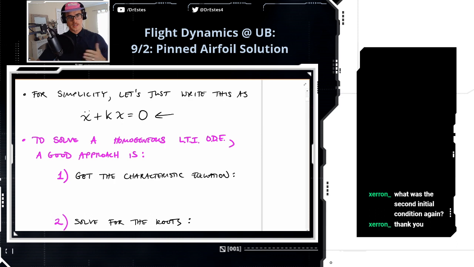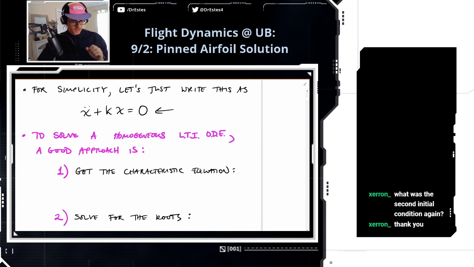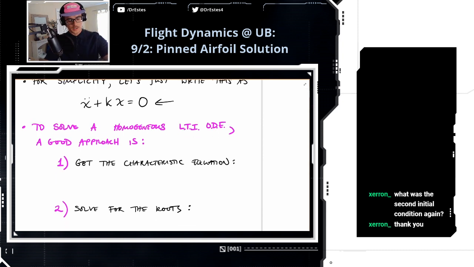I know you took dynamic systems with different professors, but if we wanted to solve this equation, to see how this airfoil oscillates about the equilibrium if we give it some initial conditions, here's a process that I like to use. The first step is you get the characteristic equation.